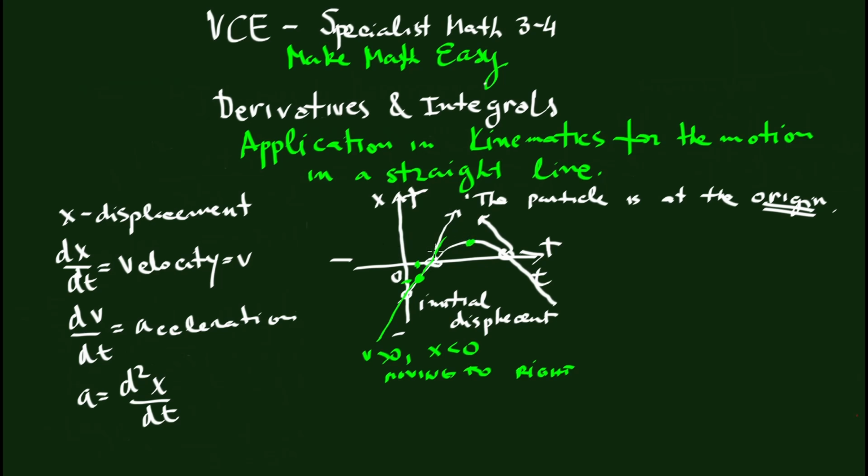That goes on until this point, say after 1 second, when the velocity is 0, the particle is no longer moving. So if t equals 1, we have v equals 0, no movement. And then we have the velocity going down, so v is less than 0, moving to the left.